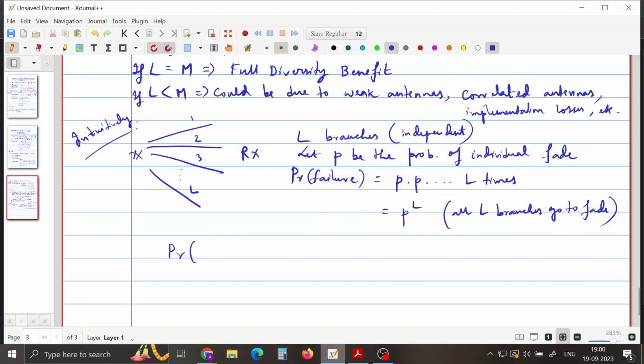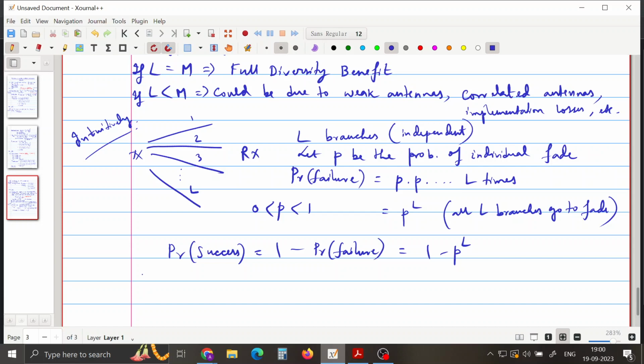Then my probability of success would be 1 minus the probability of failure, which is 1 minus p to the power L. And this p is the probability of an individual fade, typically less than 1, let's say 0.2 or 0.1, between 0 and 1.